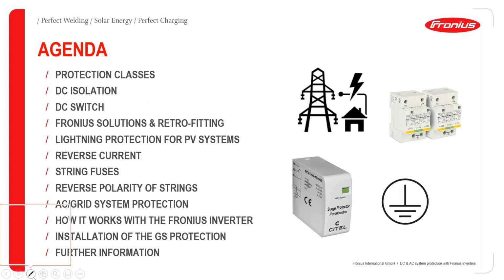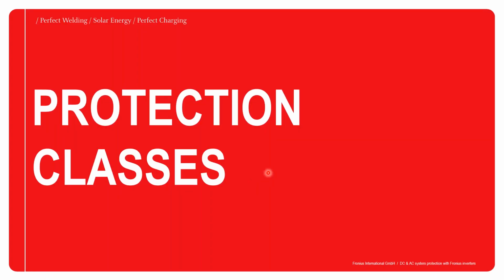Then we go into reverse current, string fuses, reverse polarity of strings, AC or grid system protection, and then we look at how that AC or grid system protection works with the Fronius inverter, and how you then install the grid system protection. And then after that, we will give you further information. So let's get started and look at the protection classes.